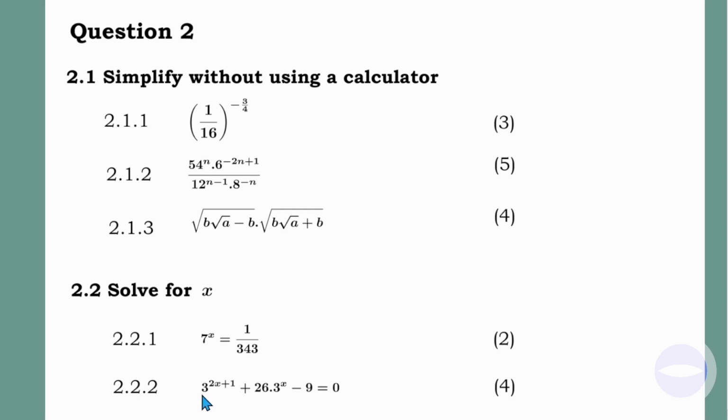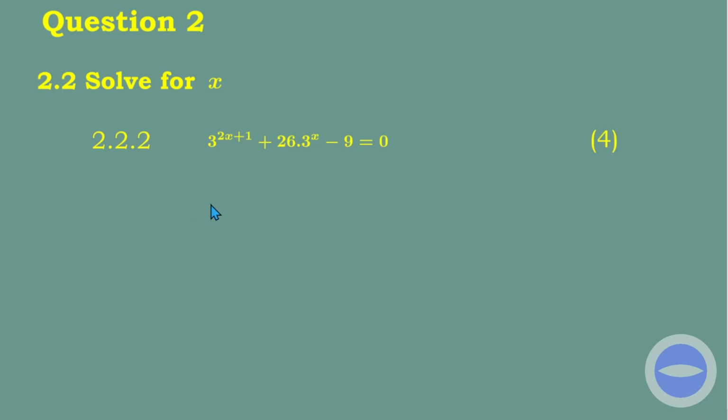2.2.2. It says 3 exponent 2x plus 1 plus 26 times 3 exponent x minus 9 equals 0. So what I will do here, I will separate this.